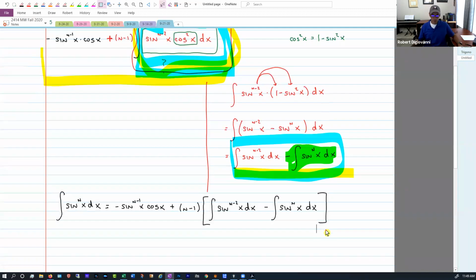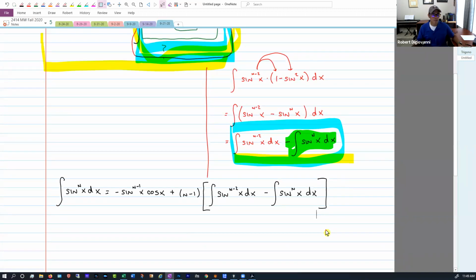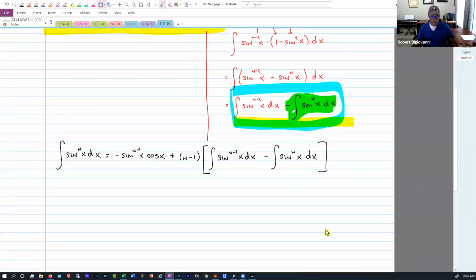There. Any questions up to that point? Let me distribute. I have to take this n minus 1 and distribute it to that integral and to that integral. It's got to go to both before I can remove the brackets. So my next line is going to be n minus 1 times the integral of sine to the n minus 2 of x dx minus n minus 1 times the integral of sine to the n of x dx.